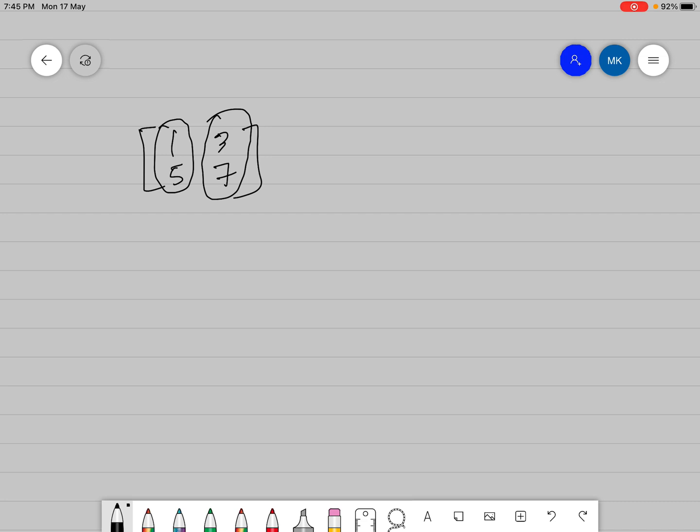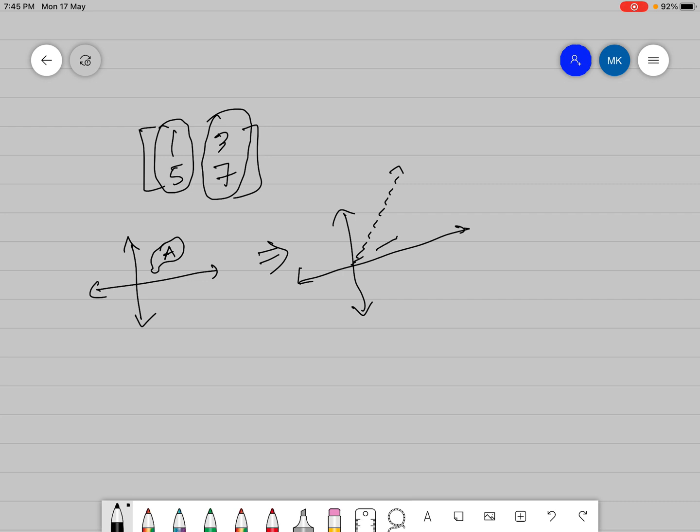Let's say before the transformation, the area of any object is like this, A. After the transformation, the transformed I cap lands here, and transformed J cap lands here.